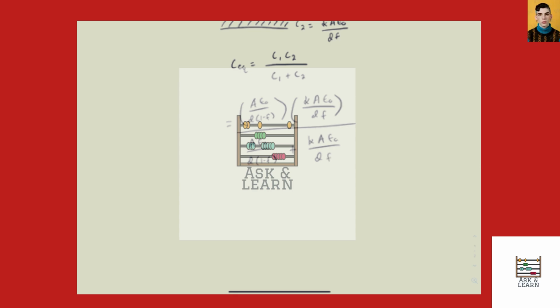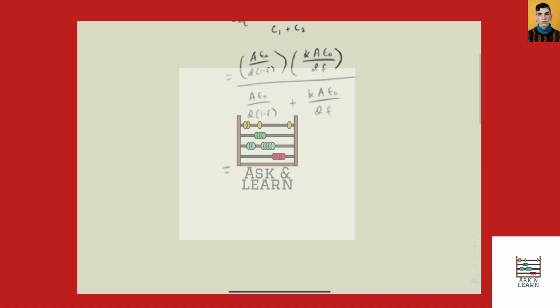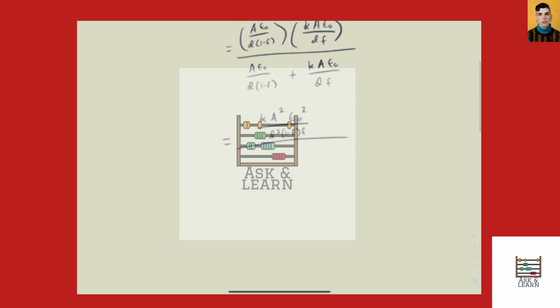Okay, now let's simplify this a little bit. So the numerator is pretty easy. You just multiply everything out. You're going to get kappa A squared epsilon naught squared over D squared times 1 minus F times F. And then the denominator, I'll make both fractions in the denominator have the same denominator of their own, so D times 1 minus F times F.